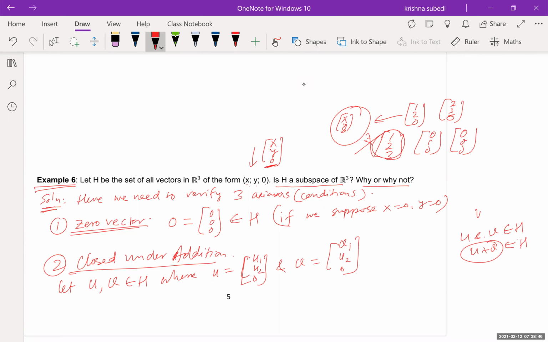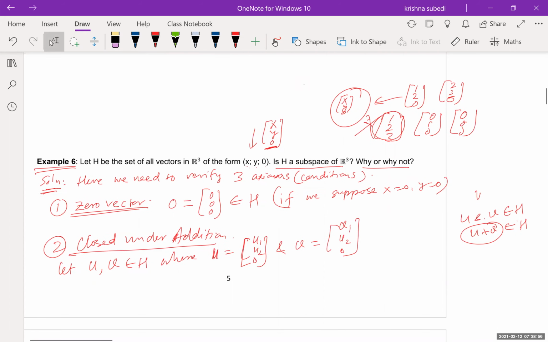This is the type x, y, 0. So x and y, you can suppose any value, but the last term must be 0. Okay, these are u and v. Now, our job is to show that u plus v also belongs to H.